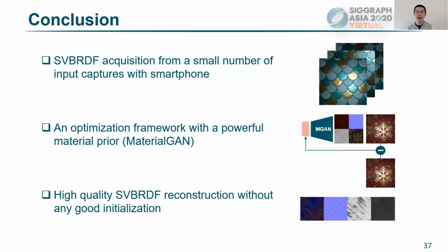It produces high-quality SVBRDFs that accurately reconstruct the input images without relying on any good initialization. As a result, our reconstructions generalize better to novel views and lighting than previous state-of-the-art methods.